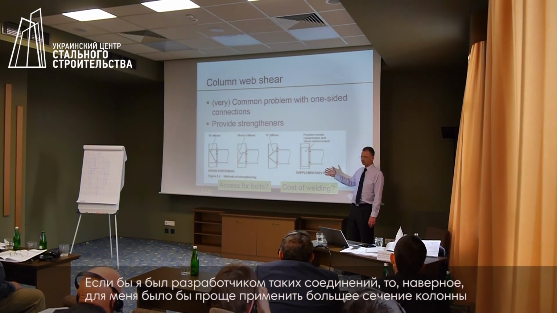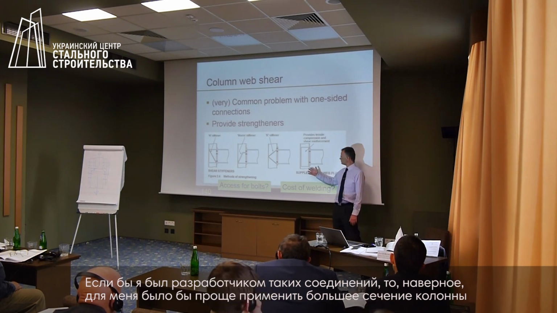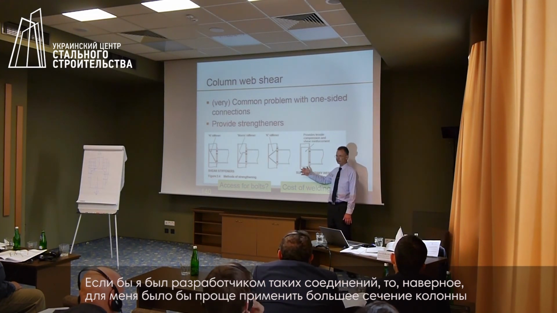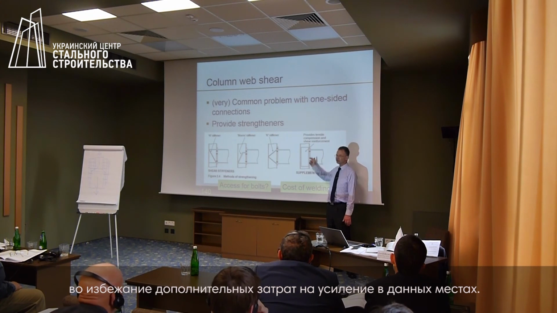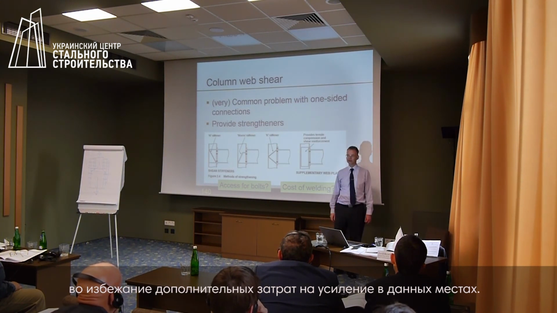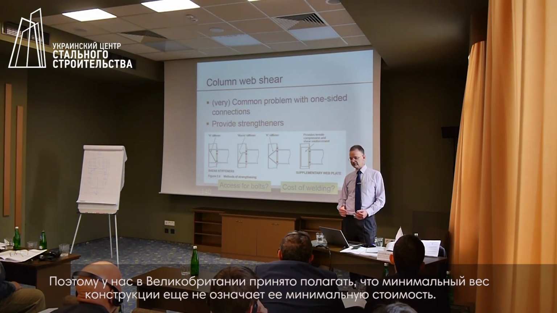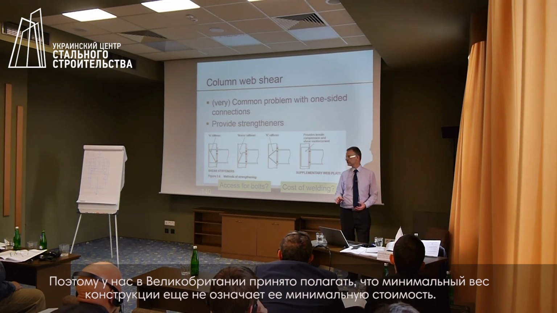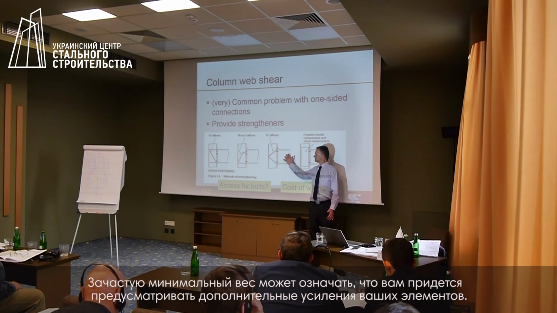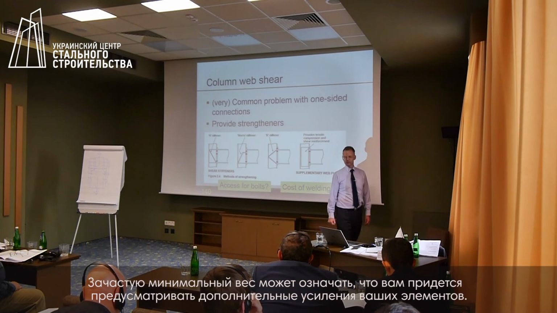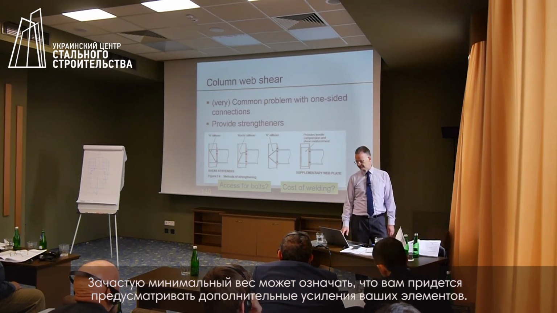If I were the designer of these connections, perhaps I would select a slightly heavier column to avoid the expense of this strengthening. So in the UK, it is always considered that minimum weight is not minimum cost, because minimum weight means that you end up strengthening the detail.